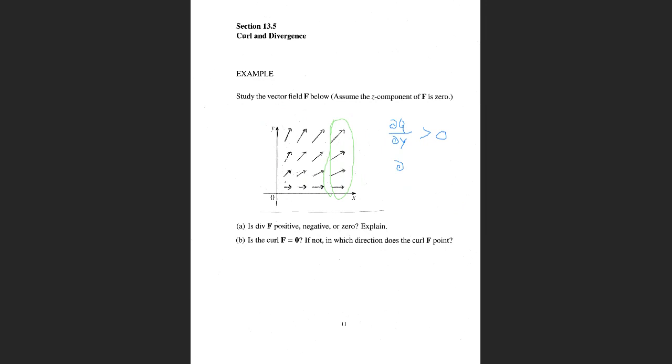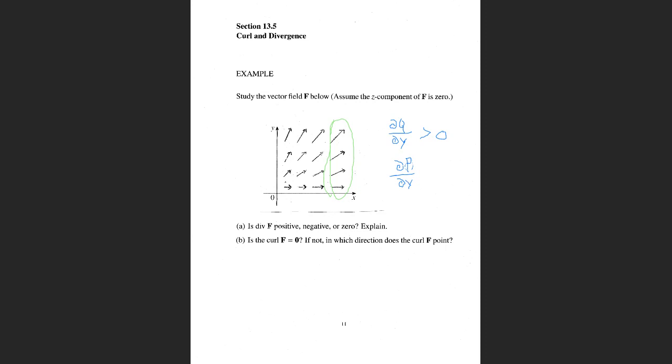What would the partial derivative of p with respect to y be?